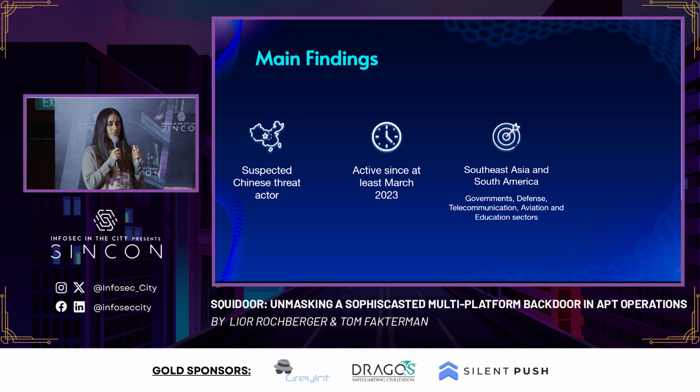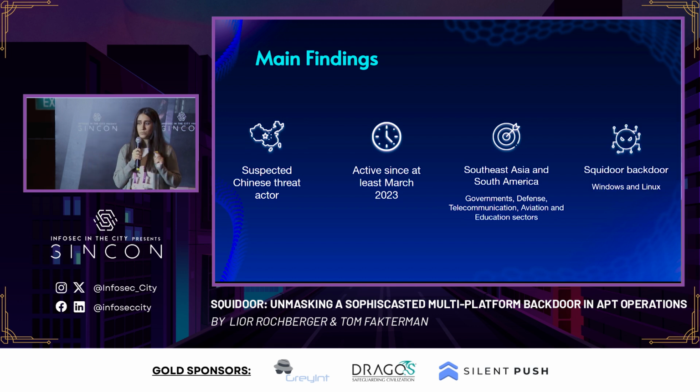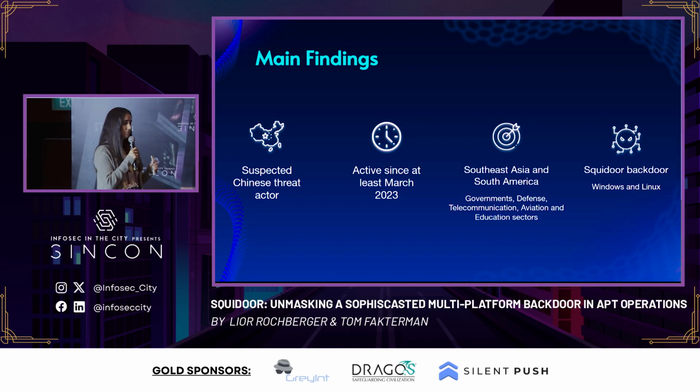And this is why this investigation is so interesting. The backdoor that was used is Squidoor, a multi-platform modular backdoor that supports no less than 10 different command and control methods, making it exceptionally difficult to detect and block.